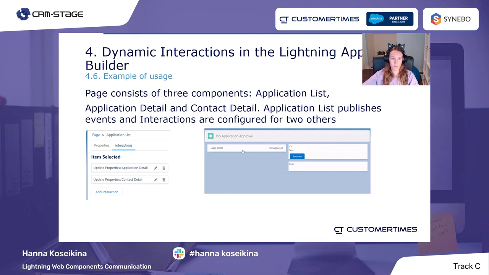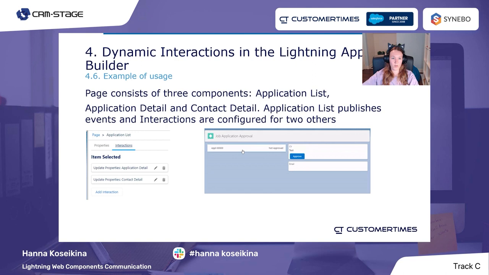Let's look at an example. I have a Lightning page. It has three components: application list, application detail, and contact detail. Application list is an LWC component which on click publishes an event, and application detail and contact detail have handlers for that event.